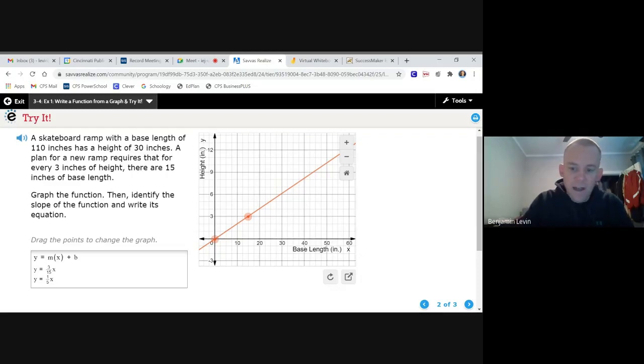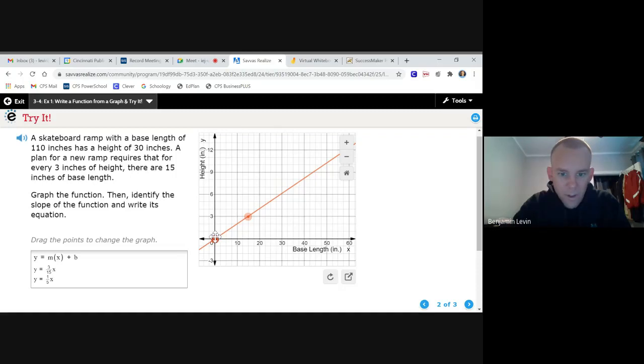It doesn't have an intercept. So we know that means it is plus 0. It starts at the origin. If it doesn't have an intercept, it starts at the origin. And then we go 1 over 5.